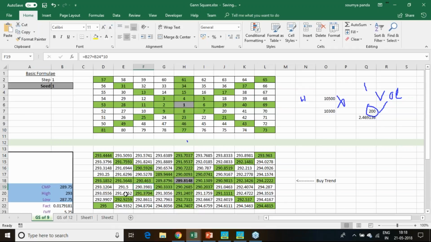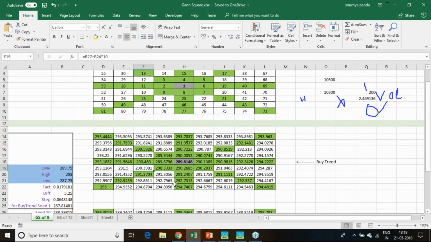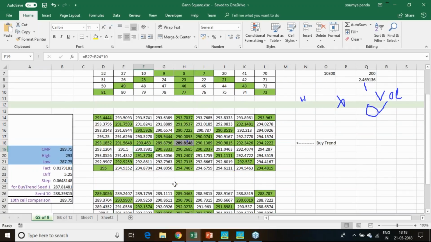So this cell I am comparing: whether my current price is above this price or below this price. If I am getting some deviation from there, I make an adjustment. The seed adjustment is happening. So my seed I am adjusting based on the 10th cell and the current price.